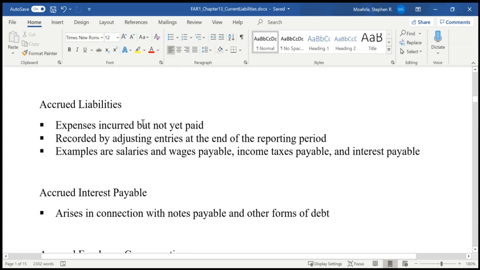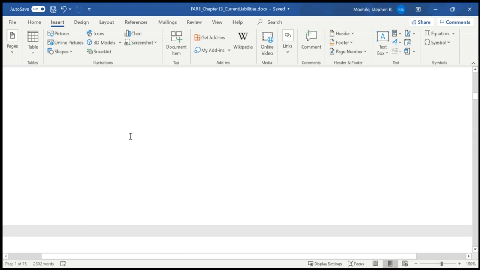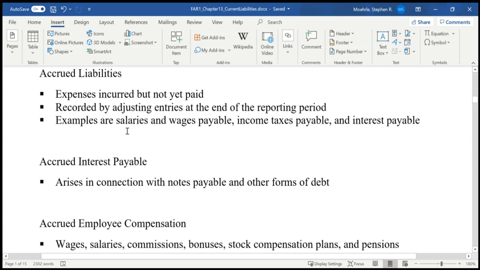Accrued liabilities. This is going to be a big part of your early career. This is a big part of our auditing because we have to audit these accruals. Accrued liabilities are expenses that have been incurred by the company but not yet paid.